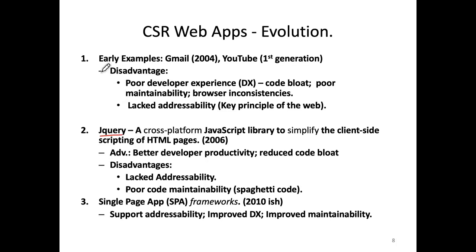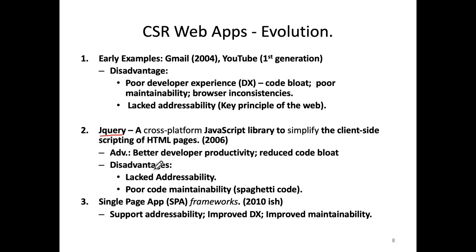We had to essentially, in our JavaScript code, detect what type of browser I'm running in, and then run one piece of code if it's browser type A, run another piece of code if it's browser type B. So you, the developer, had to manage all of that, whereas now jQuery did it. But jQuery did lots of other things as well. It made lots of other aspects of client-side rendering web app development easier.